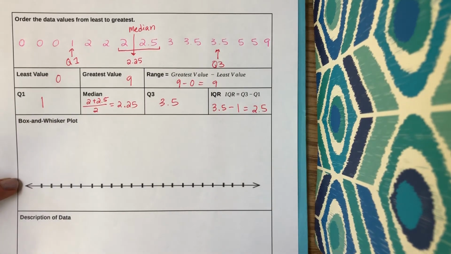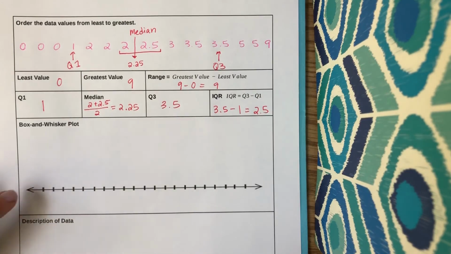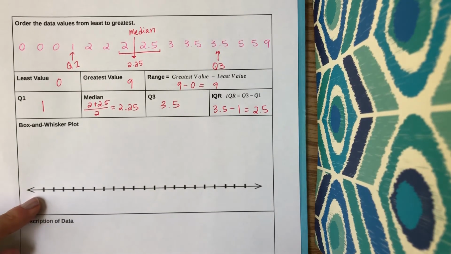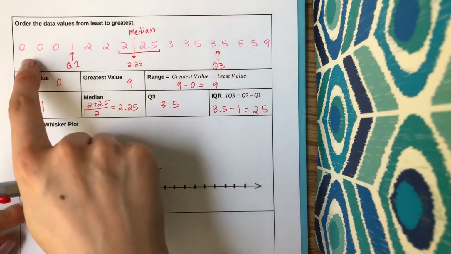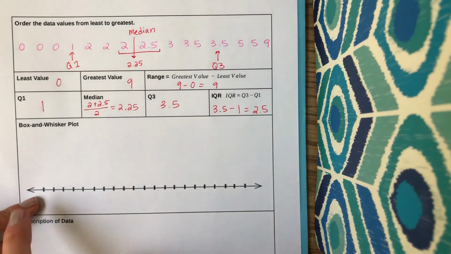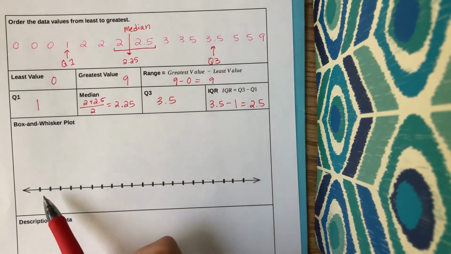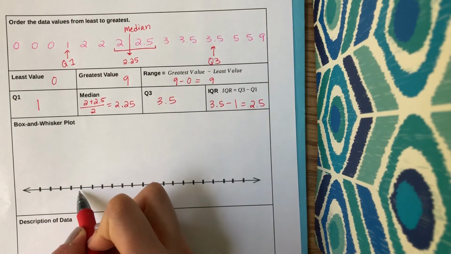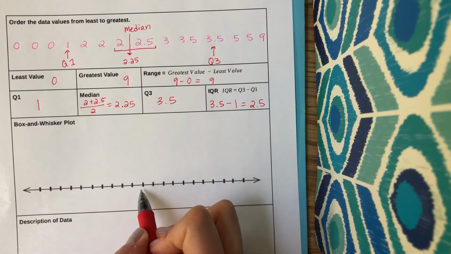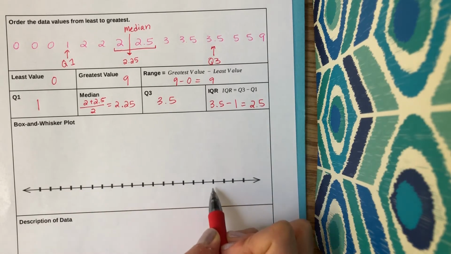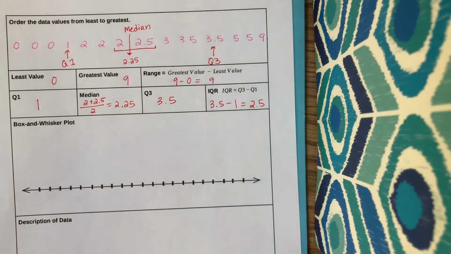To make a box and whisker plot, I need a number line. Since my numbers go from 0 to 9, I think I could probably do 2 spots for every number, but let me check that. 2, 3, 4, 5, 6, 7, 8, 9, 10, 11, 12. Yep, I had to get to 18 because I was counting by halves.